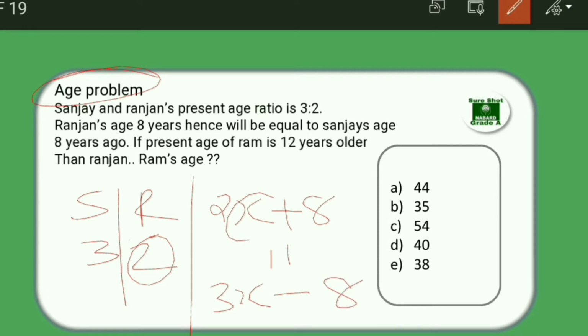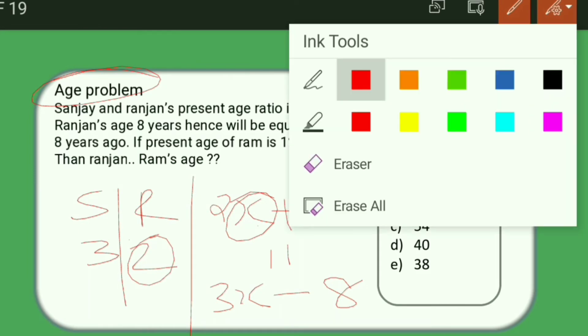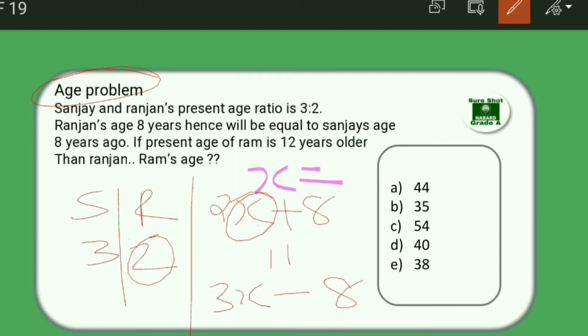We can find x from here: 3x minus 2x would be x, and x would become 16. So Sanjay's present age would be 3 into 16, 48. Here it would be 32.